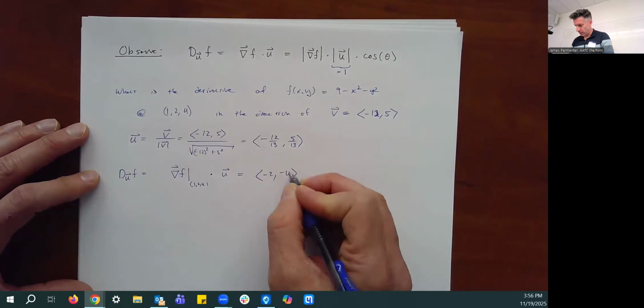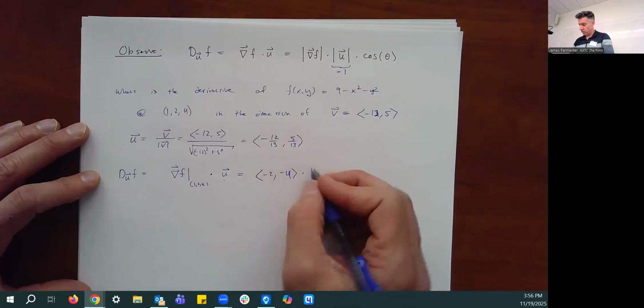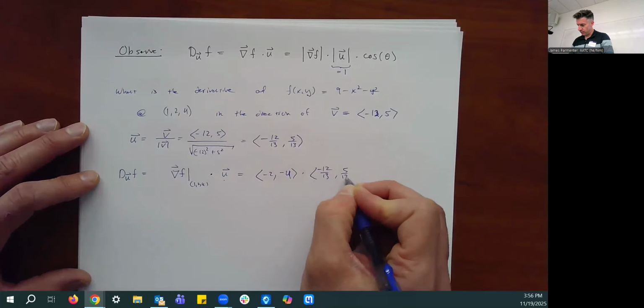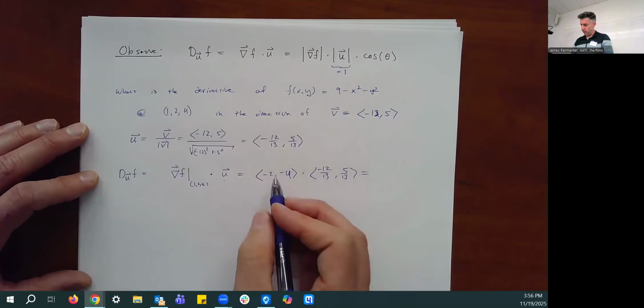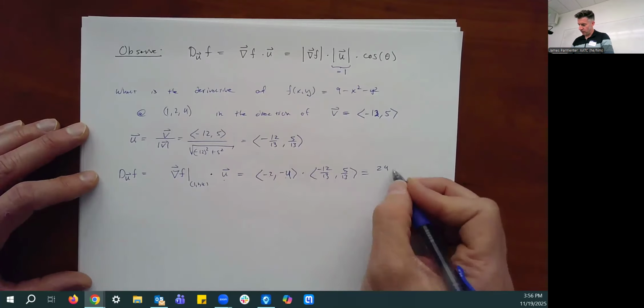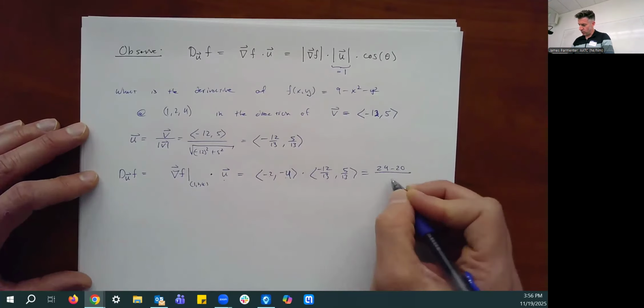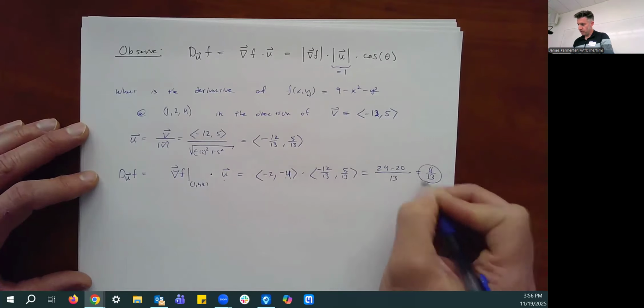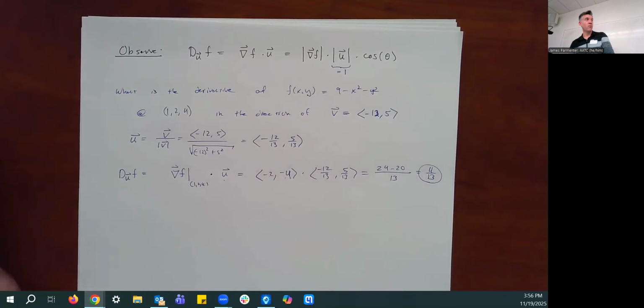But now we're dotting it with this new unit vector, negative 12 over 13 comma 5 over 13, which is equal to negative 3 times 12 is 24, negative 4 times 5 is negative 20, 24 minus 20 over 13, or 4 over 13. So a much gentler slope in that direction.